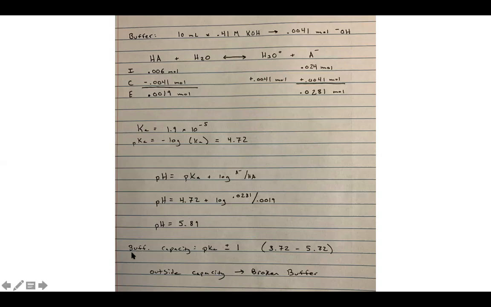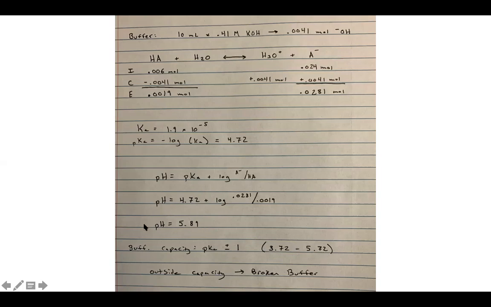Now again, remember that buffering capacity is equal to our pKa plus or minus 1. For this acid, hydrazoic acid, our pKa is 4.72. That means it would be able to buffer between 3.72 and 5.72.